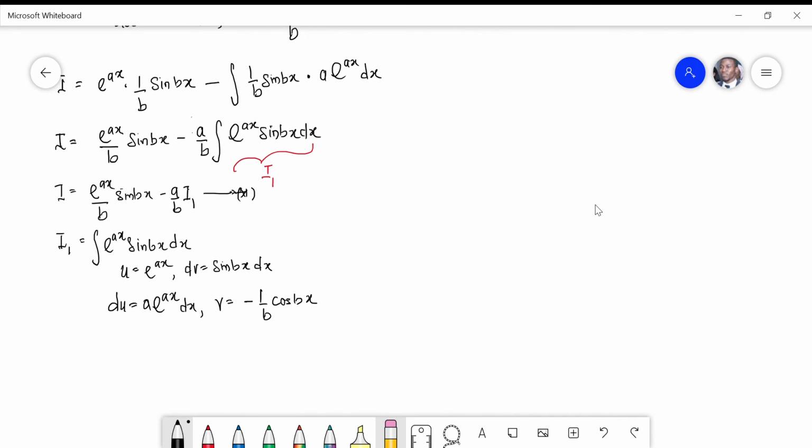So I have I1 to be equal to uv. So the u is what? Exponential ax, v is negative 1 over b cos bx.